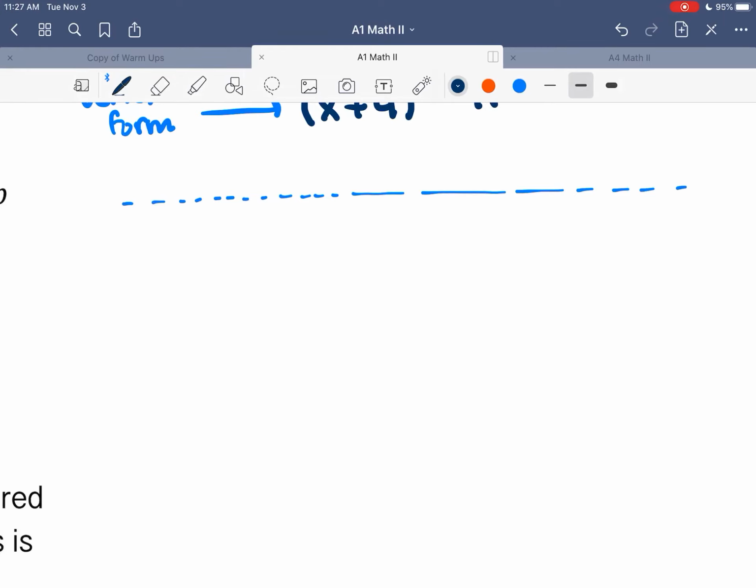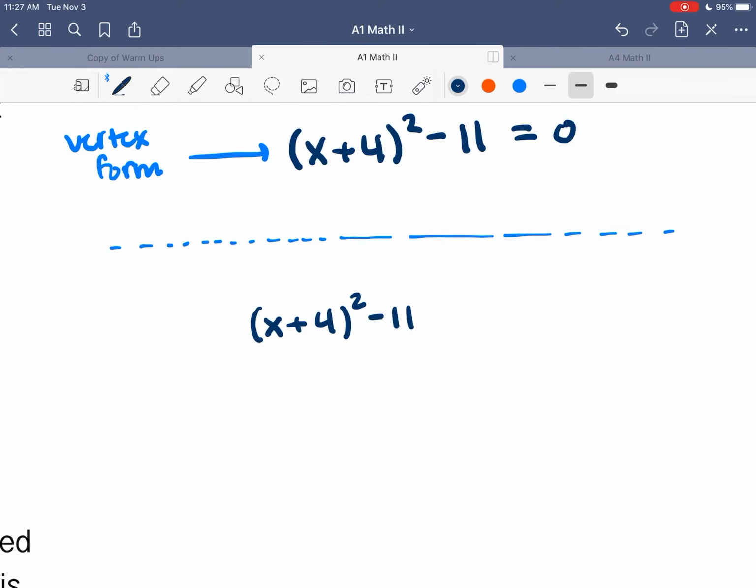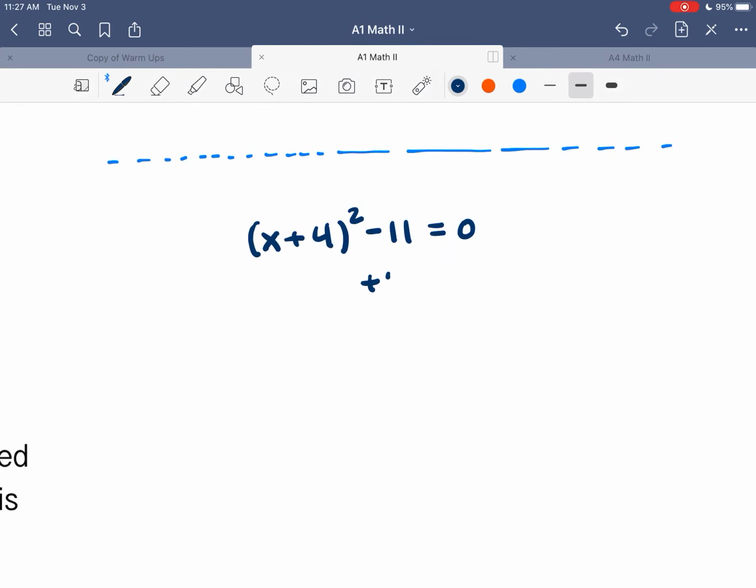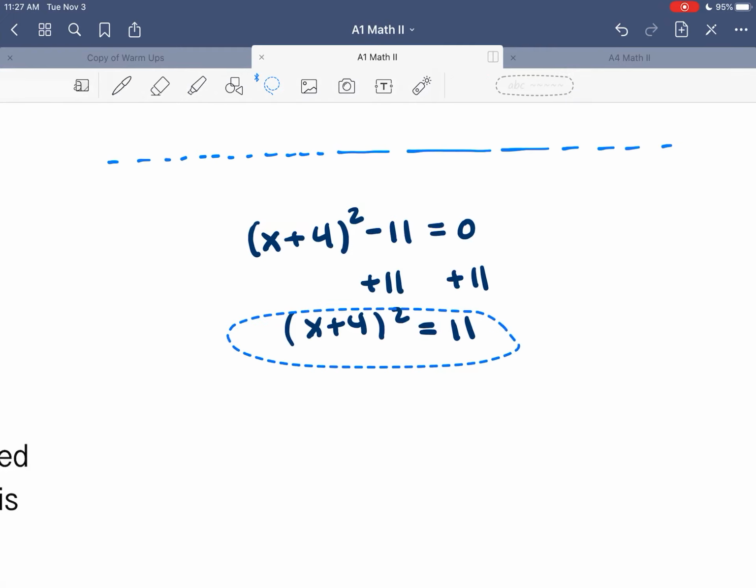So I'm just going to keep going and show you how you might find the solution to this quadratic. We just need to get x by itself in this equation. So we add 11 on both sides, and we end up with (x plus 4) squared equals 11. I'm going to move that down.